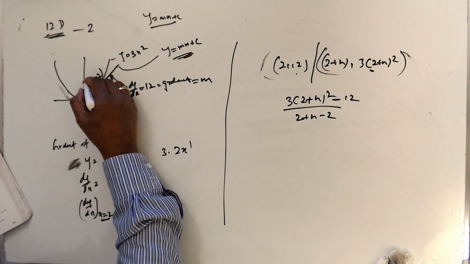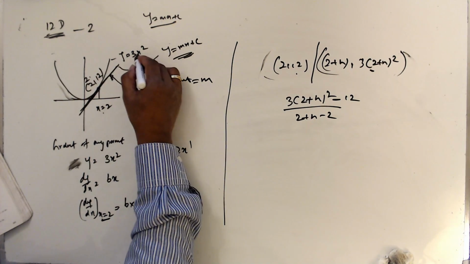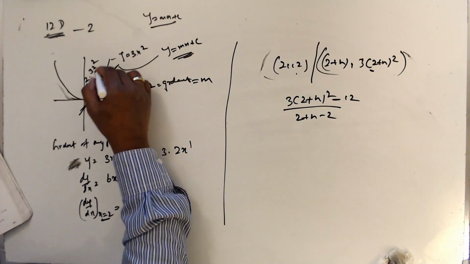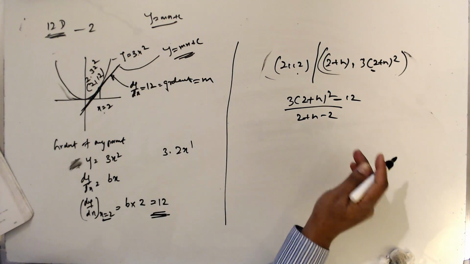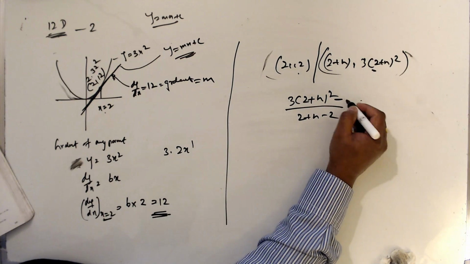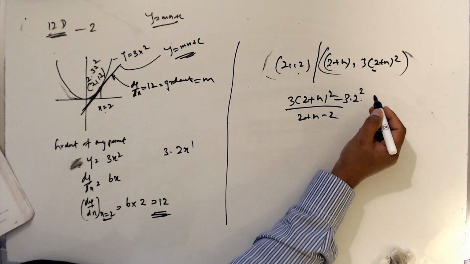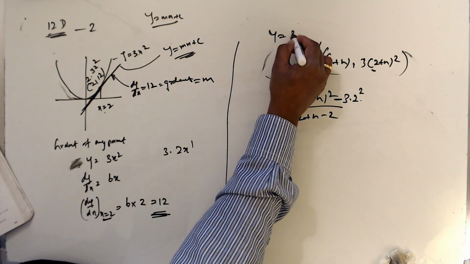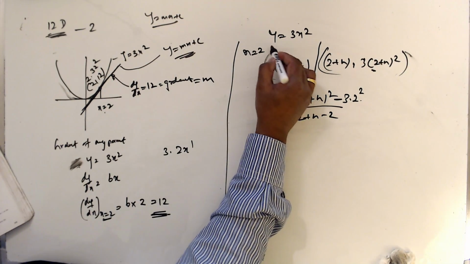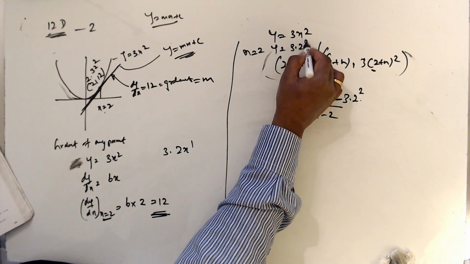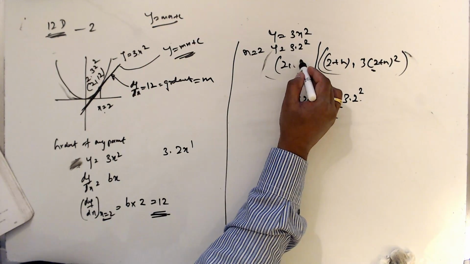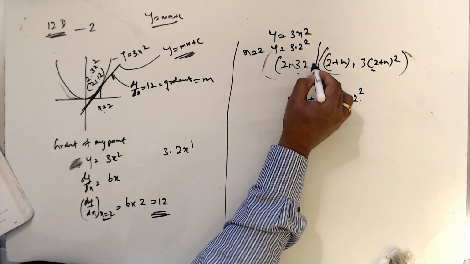If you are confused, you can write this is 2 and this is 3 times 2 squared, because y equals 3x squared. Then when x equals 2, y equals 3 times 2 squared, which is 12.